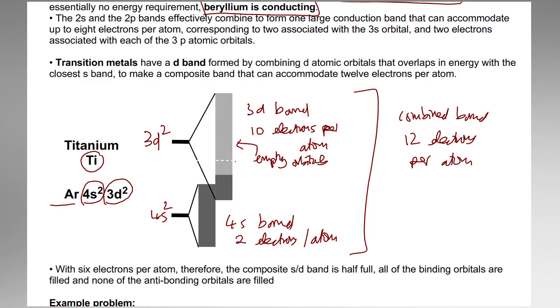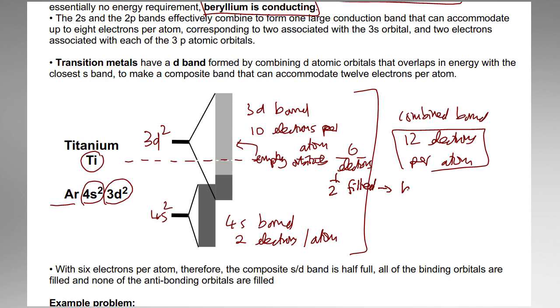So of course titanium is a metal. Its electrons are polarizable, it conducts, it has luster, and so on and so forth. 12 electrons maximum, what that means is if we have 6 electrons, this combined band would be half filled, and the electrons would all be bonding. And that turns out to be rather important.